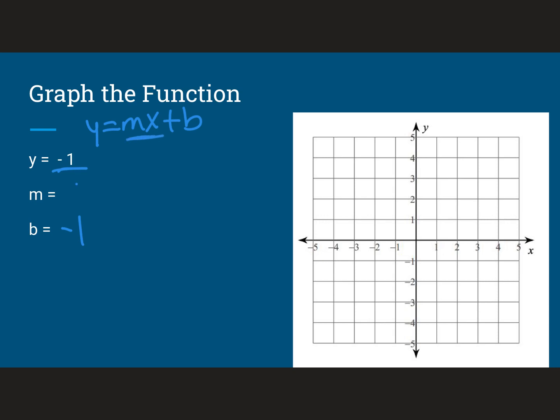That's because this has a slope of 0. Remember that a slope of 0 is a horizontal line? If you remember the video we watched on our introduction to functions, it doesn't matter what x is, y is always going to be negative 1. So we're going to start at negative 1 in our graph. And a slope of 0 is a horizontal line, so I'm just going to draw my line, my wonderful horizontal line, and that is that graph.